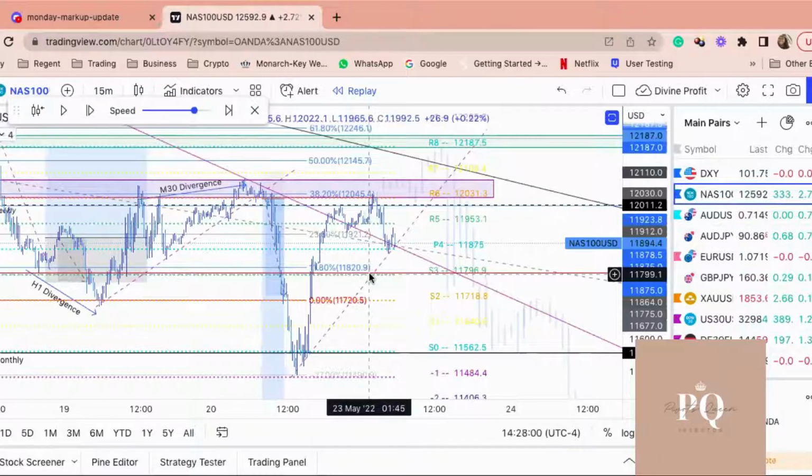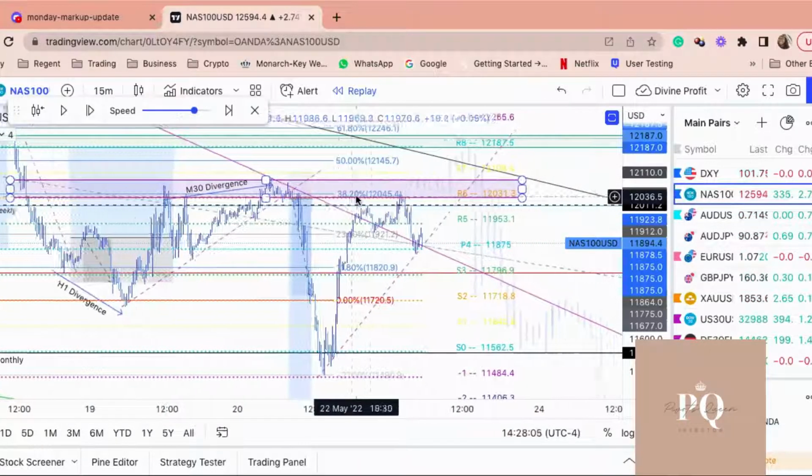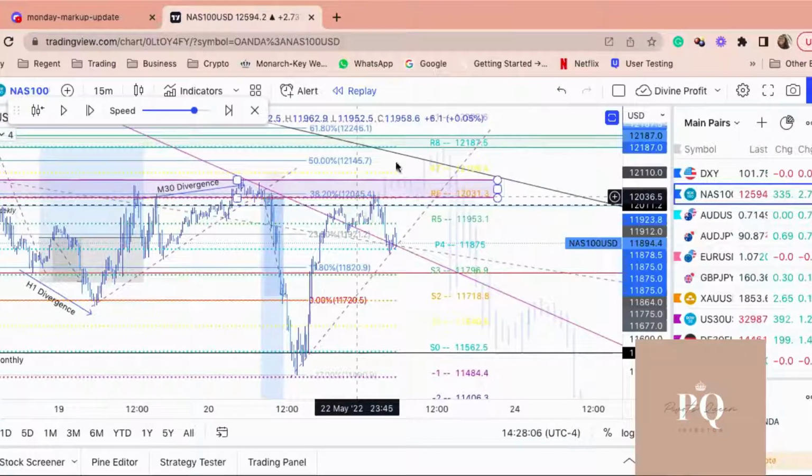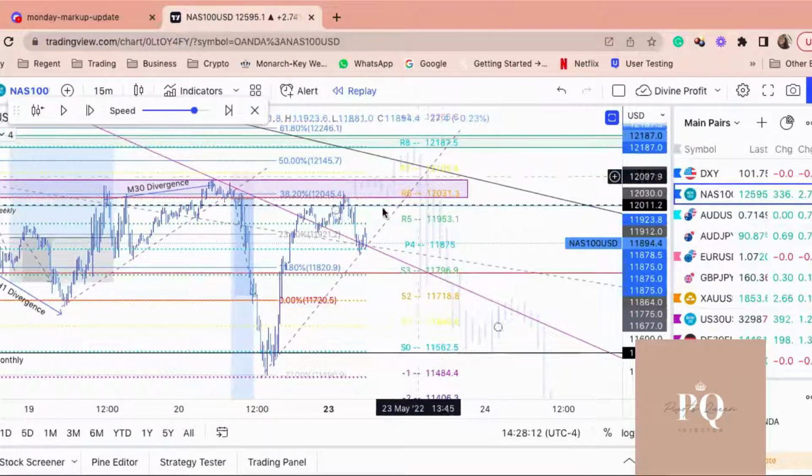Now that I have a minor zone that just formed, and I have my major zone, and my minor trend line and my major trend line, I'm pretty much set.